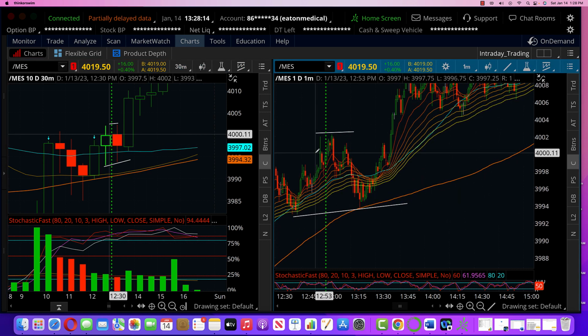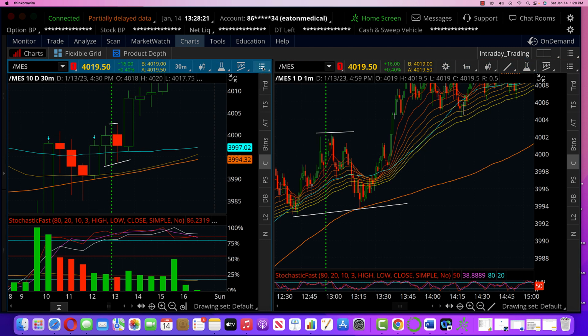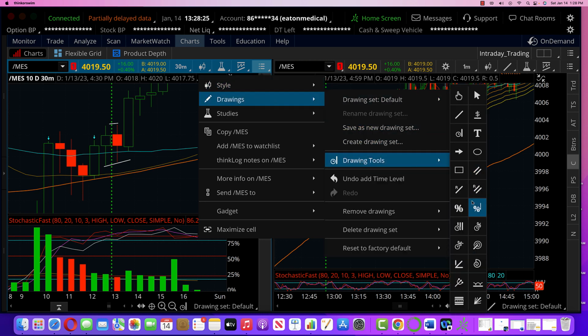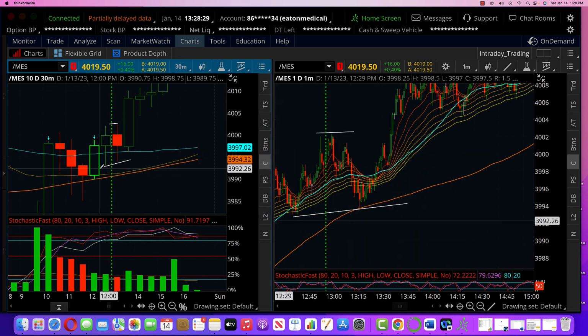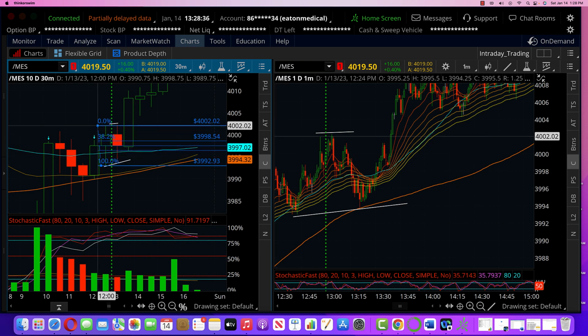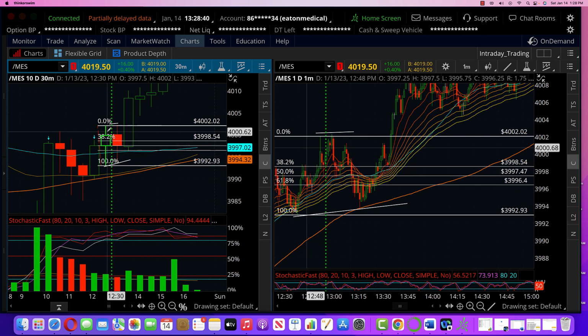I'll show you another tool you can use to measure that pullback. You can come up here and grab your Fibonacci retracement tool, and you want to start from the bottom and go up to the top. That's the entire range, the entire move that was done at 1230.